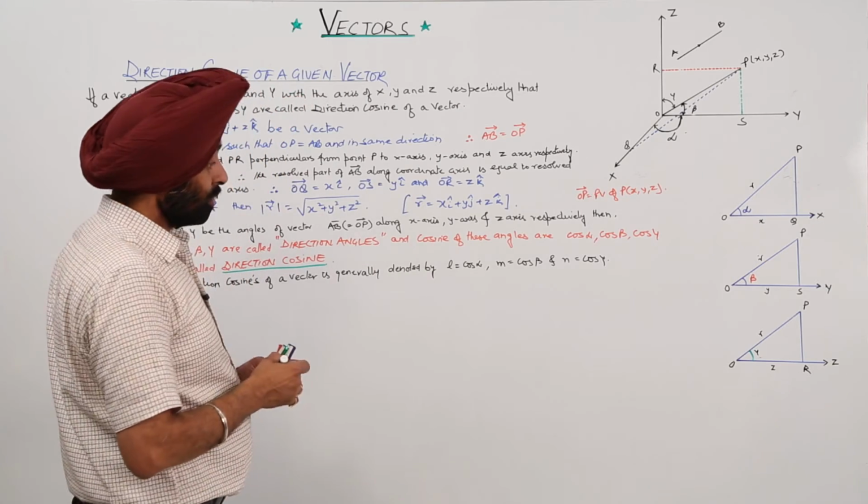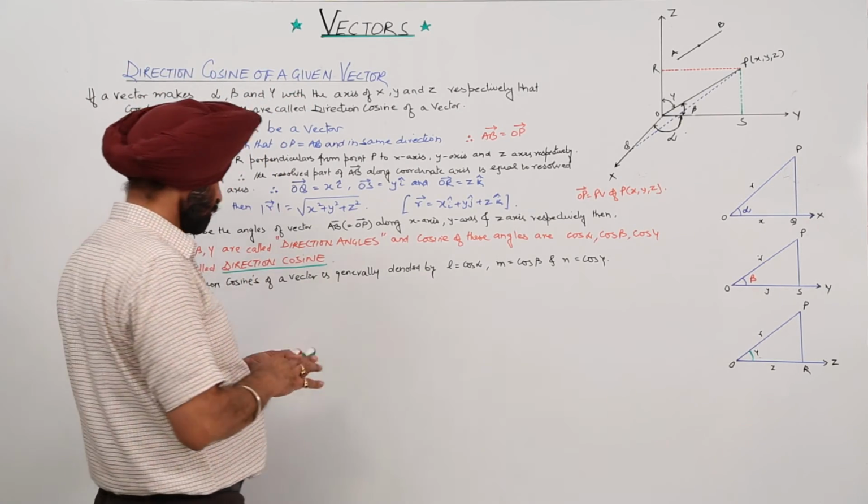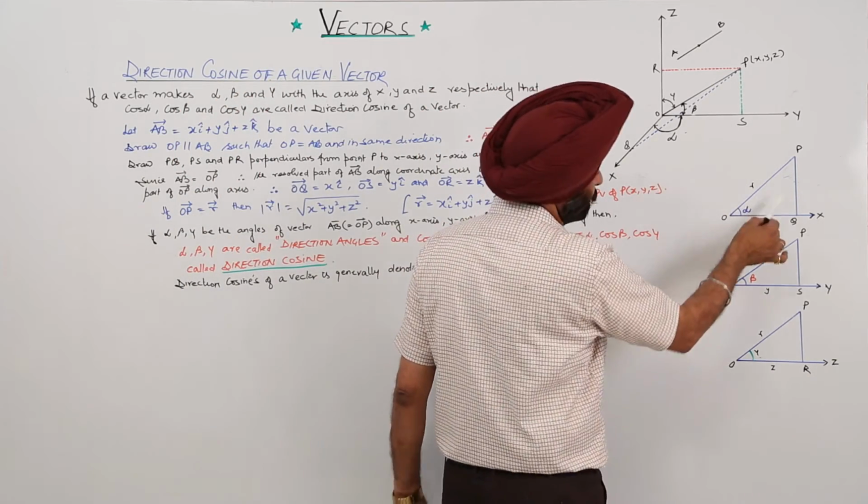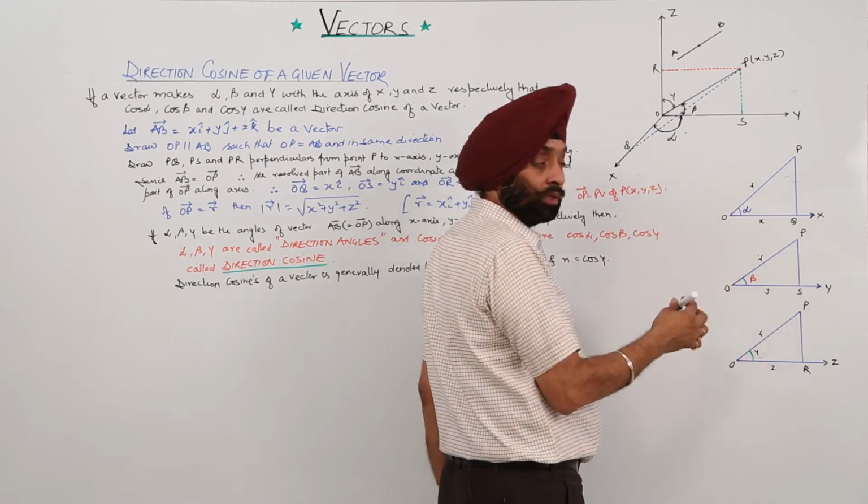Okay, now how we get this one? You can just check it. I have drawn three different figures, first, second and third, for each angle.